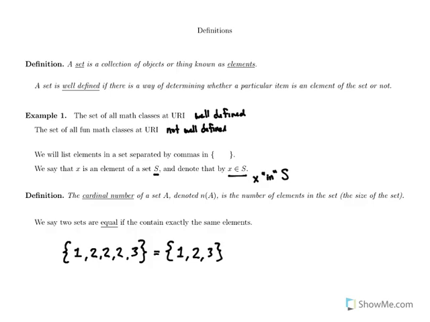And the point I'm trying to make here is that repetition does not matter. It doesn't matter how many of one thing we have in a set, we're only going to write it once. So 1, 2, 2, 2, 3 is really the exact same thing as just 1, 2, 3.